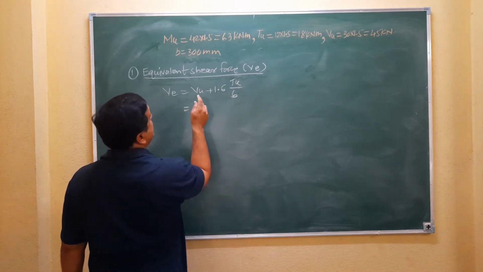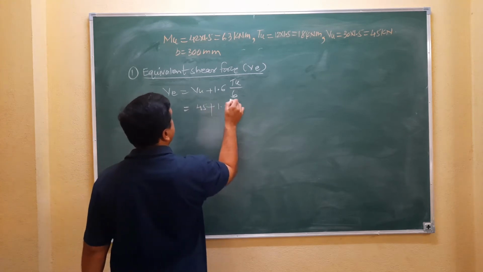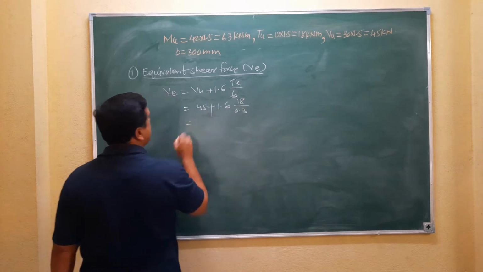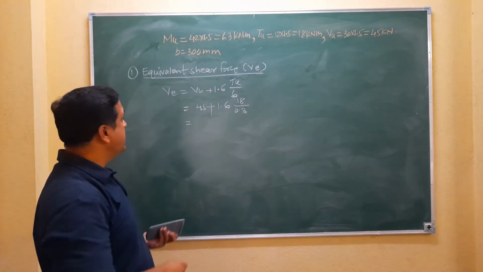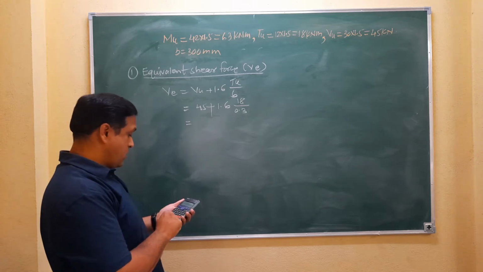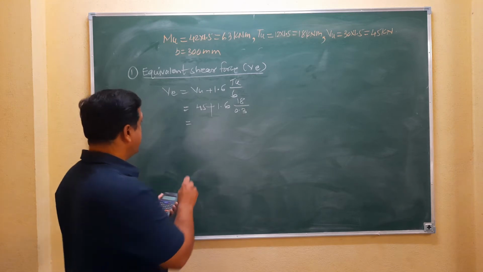You know the values. Vu is 45. 1.6 into Tu, 18 divided by 0.3. So 18 divided by 0.3 into 1.6 is 96.